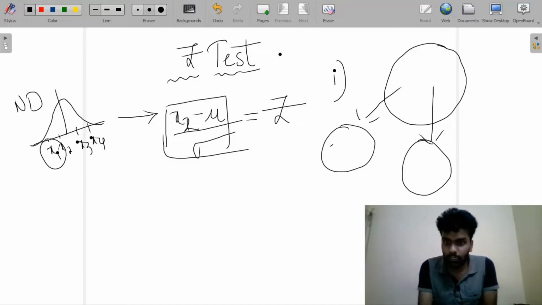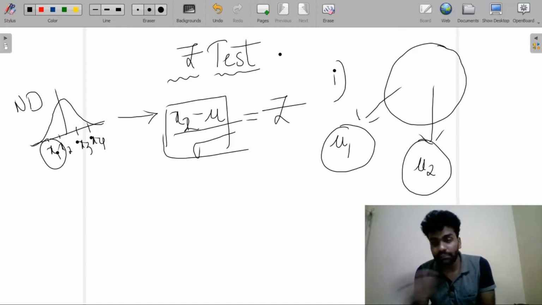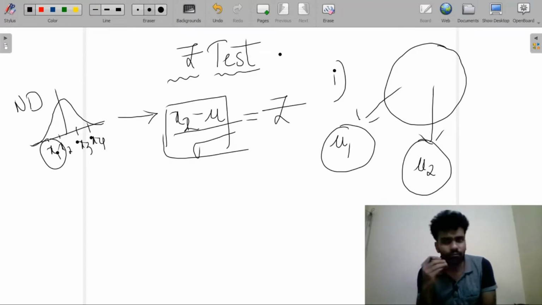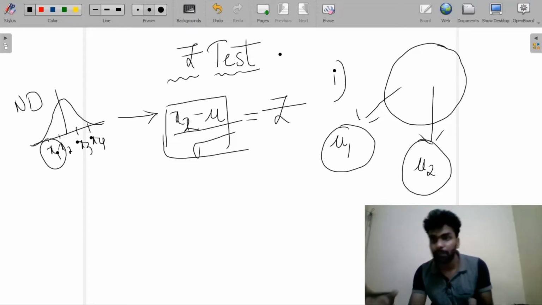For example, let's take mu1 as the mean of the first sample and mu2 as the mean of the second sample. If you want to compare both the means, whether both means are equal, then we will use Z test. I hope you got it, when we should use the Z test: when you want to compare the means of the samples.